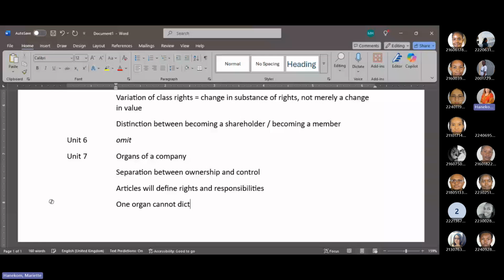This whole concept, the separation between ownership and control, is the crux, the foundation of corporate governance. That the board of directors be independent from interference by the shareholders.